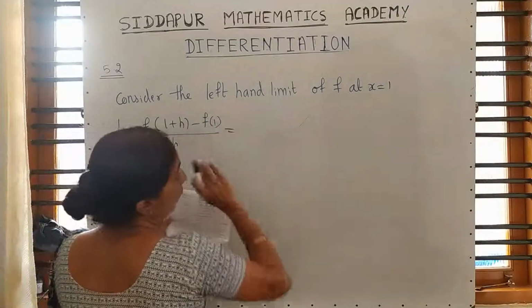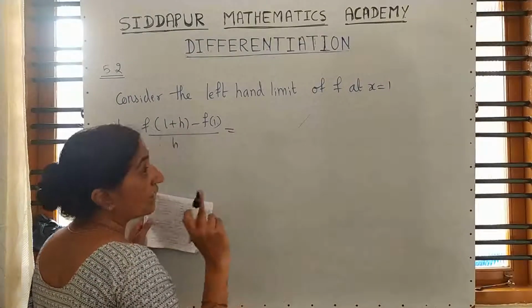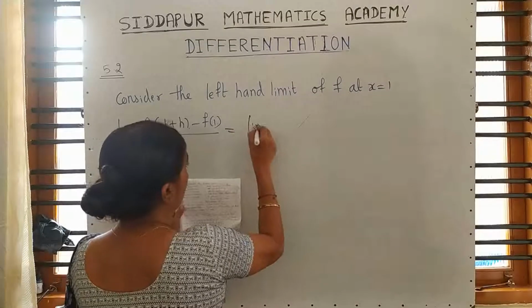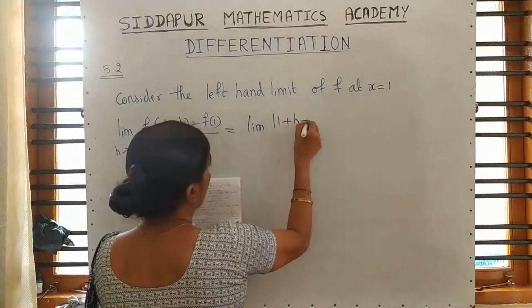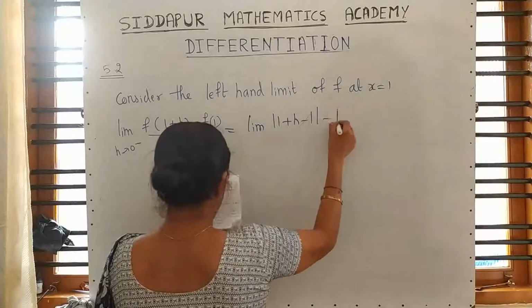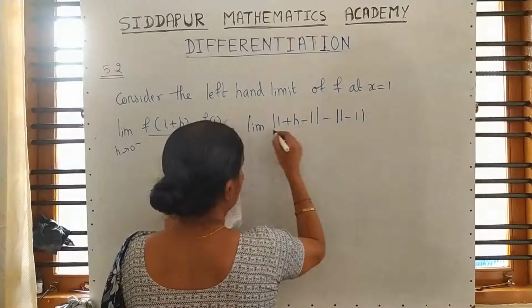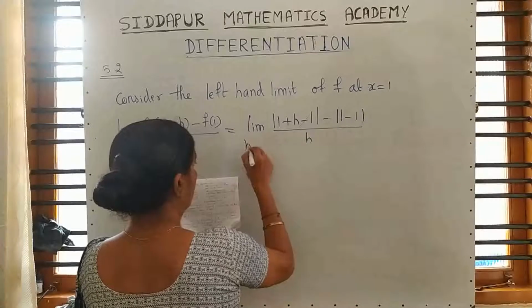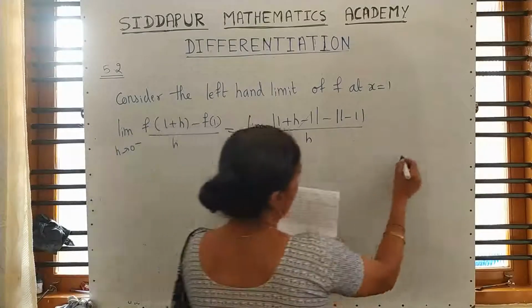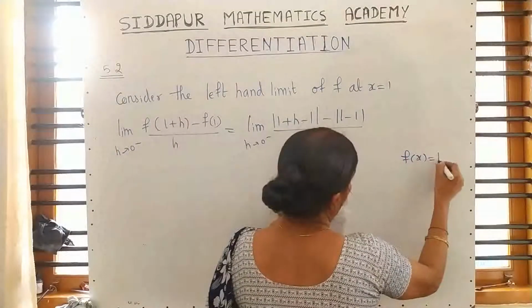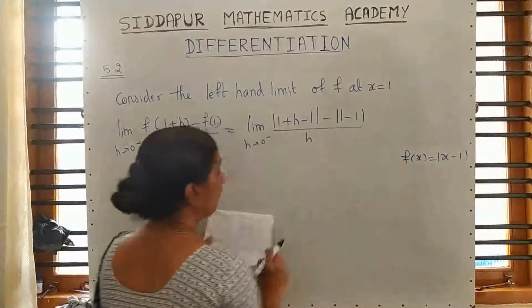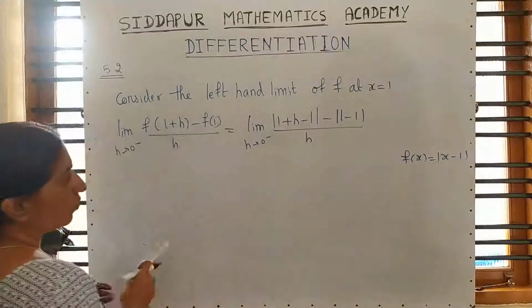So what is f of x? F of x is mod of x minus 1. In place of x we have to write 1 plus h. Understood? Whatever is in place of x, we have to write that.